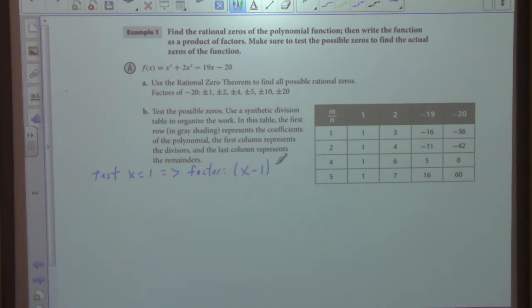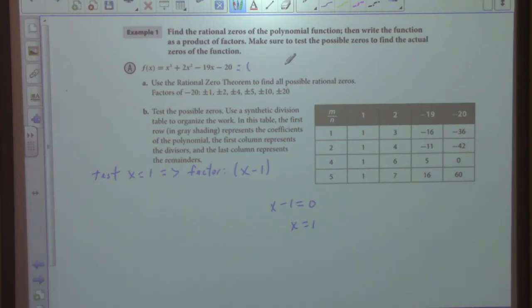Do you see why that's the case? The reason is because if you set x minus 1 equal to 0 and solve, you're going to have x is equal to 1. So when you test x equals 1 as a 0, you're verifying that x minus 1 is a factor. If x equals 1 works, the factor associated is going to be x minus 1.